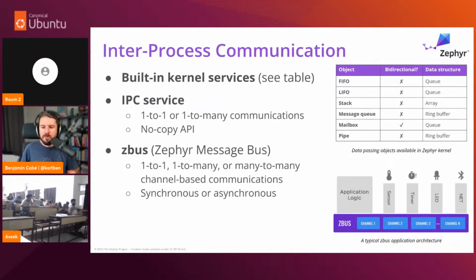There are the low-level, historical ones like FIFOs, LIFOs, mailboxes and pipes that you would find coming from the BSD and POSIX world. There's also ZBus, the Zephyr message bus, which is way more advanced in that it's effectively a full-blown message bus with one-to-one and one-to-many communication capabilities. And again, tons of code samples are available for you to try out.